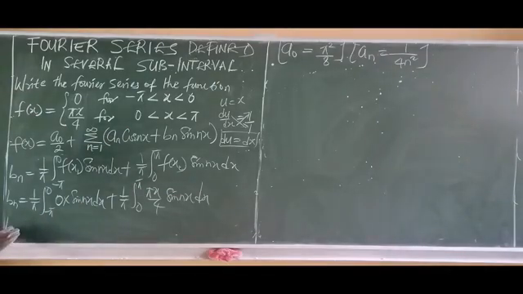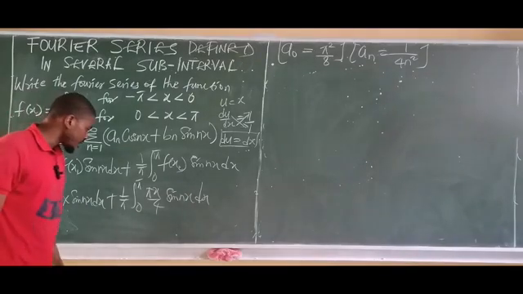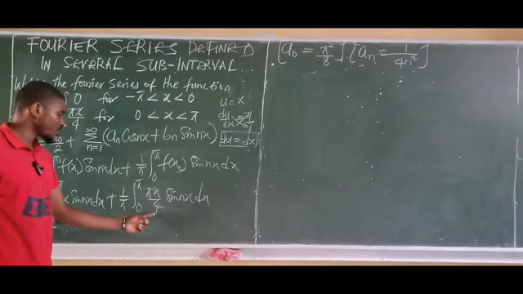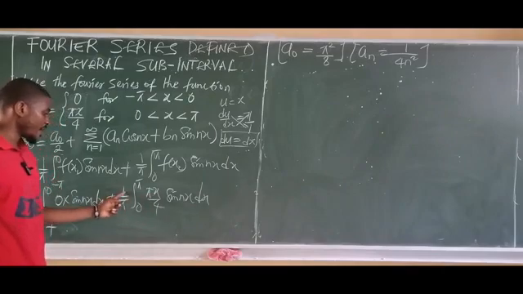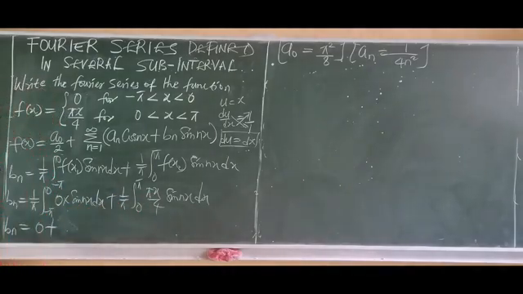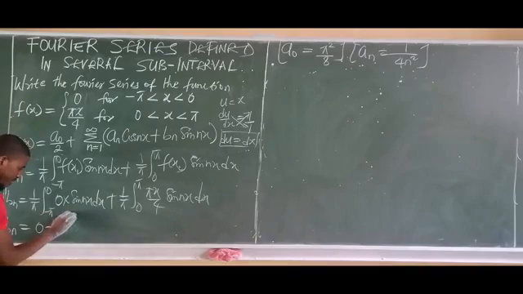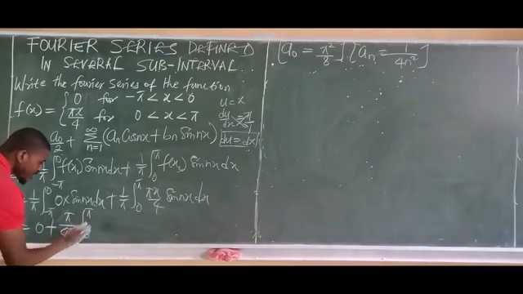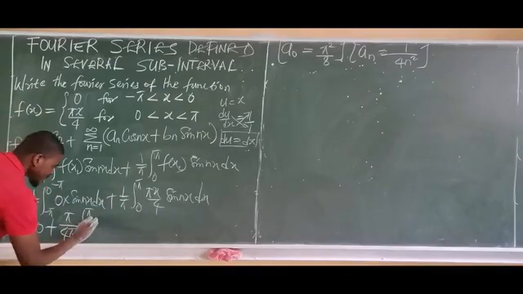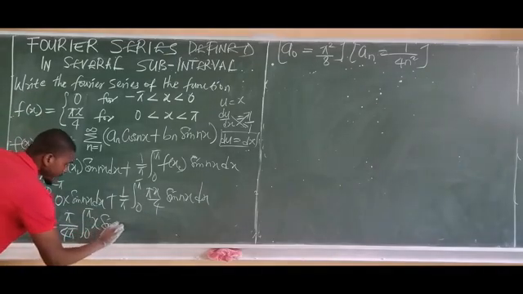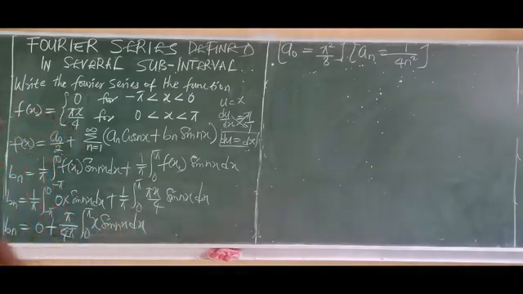Again, 0 times everything here automatically becomes 0. So we have 0 plus. From here, pi over 4 is constant. Factor it out. Pi times 1 here is pi. 4 times pi here becomes 4 pi. So this is pi all over 4 pi. Integral from 0 to pi. We are now left with x sine nx multiplied by dx.